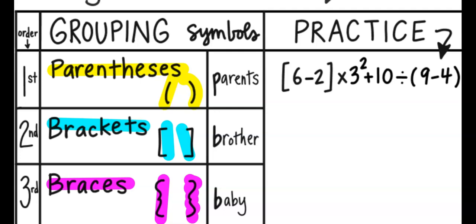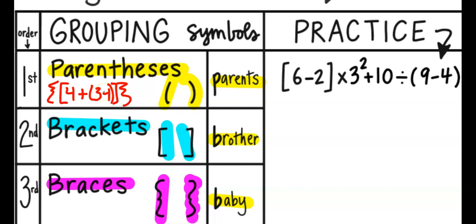Something to help you remember would be parents, P for parentheses, B, brother, and B, baby. Basically, you can just look within the expression. So if I have something like braces on the outside, and then maybe brackets here, you see I have three different symbols there.